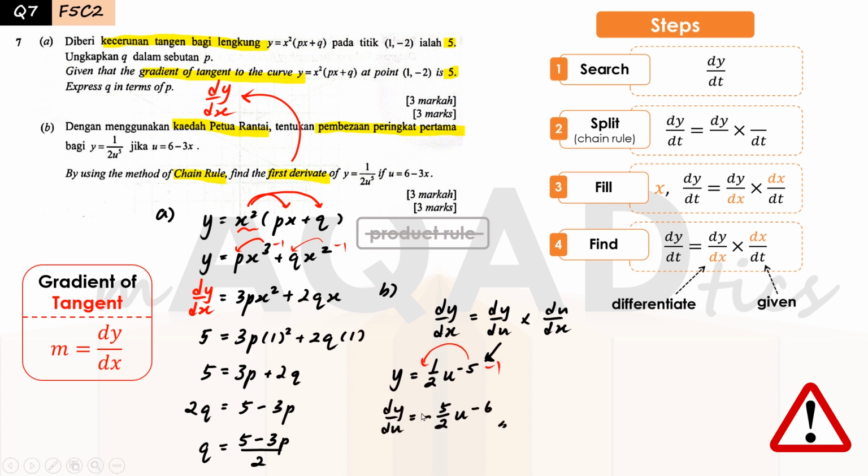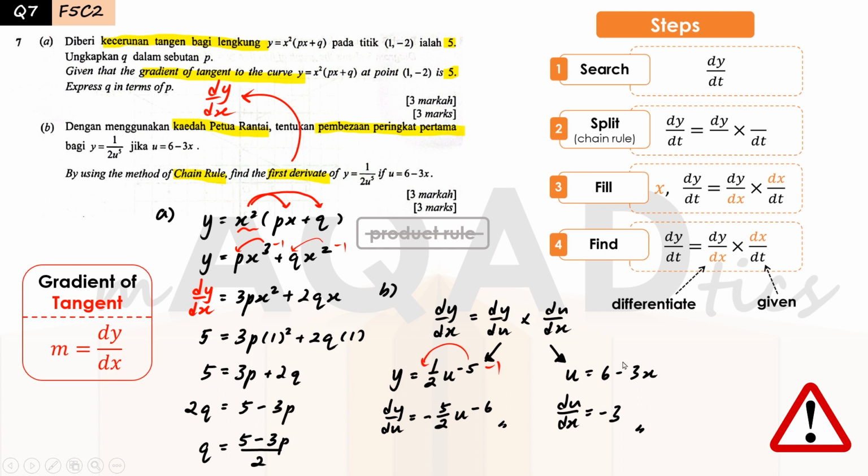So in front here will be -5 over 2, and then u, and the power will be -1, so it's -6. Okay, so we've done this. For this one, we need to use the original equation, which is u, and then differentiate with x. So the things which have x, we need to differentiate. So this 6 I can just ignore, so I can just focus on the -3x here.